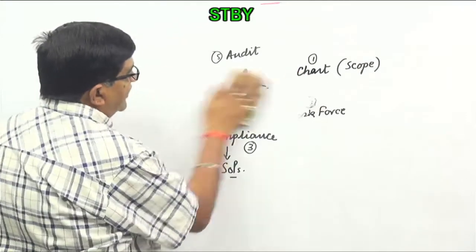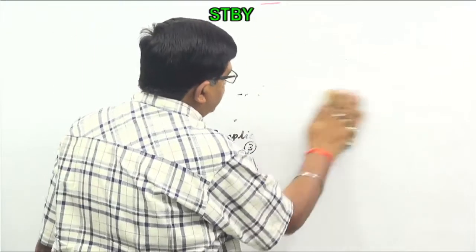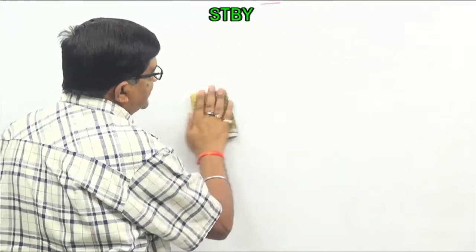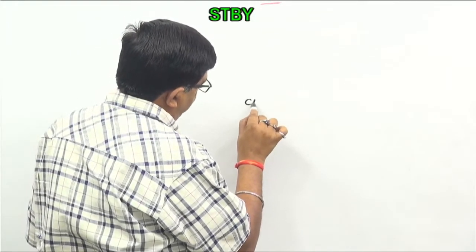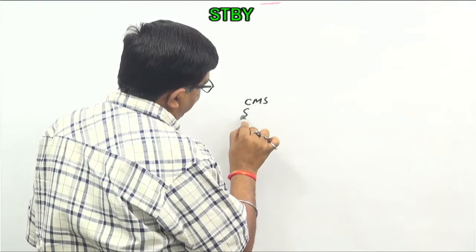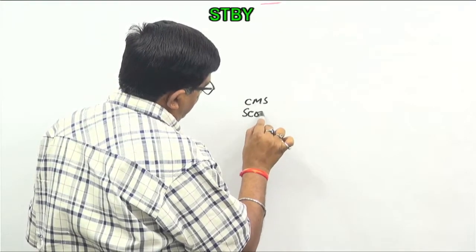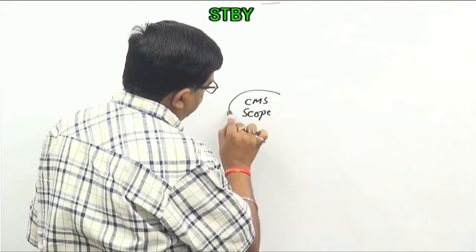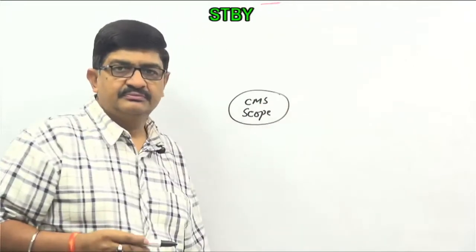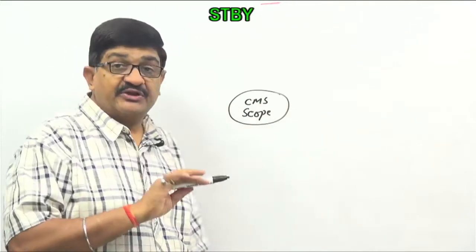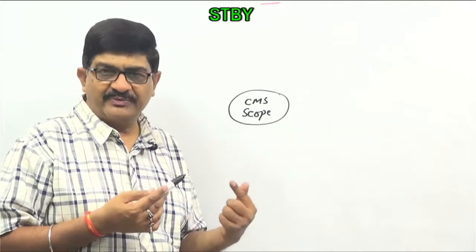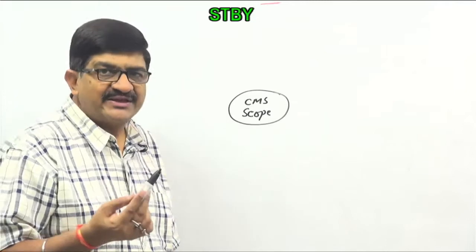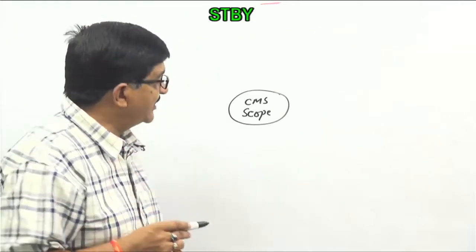Now when we prepare a chart or determine the scope of the CMS, right? This is going to be a big chart. You can draw with me or you can write separately as the need may be. Later on you can draw one complete chart.